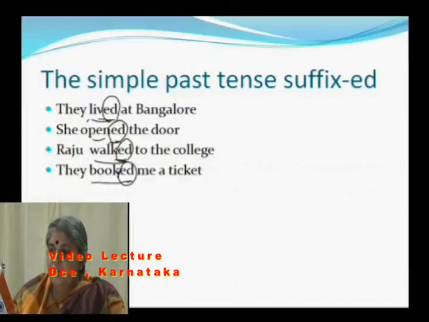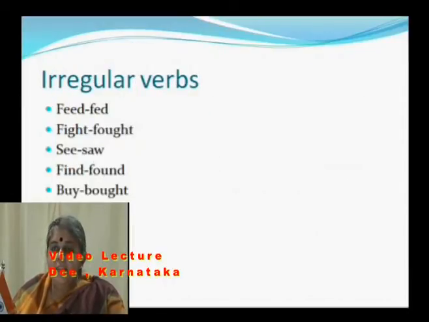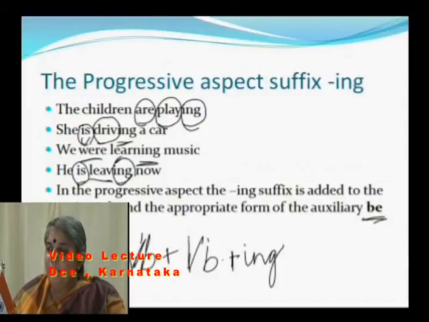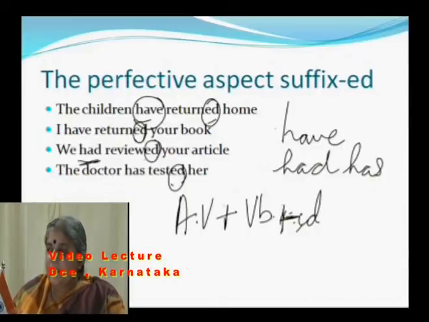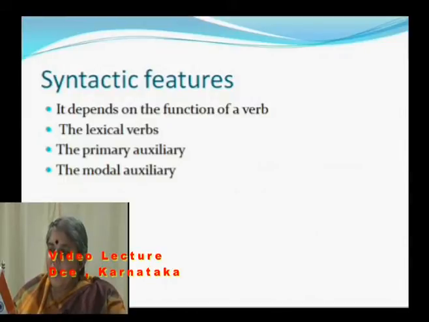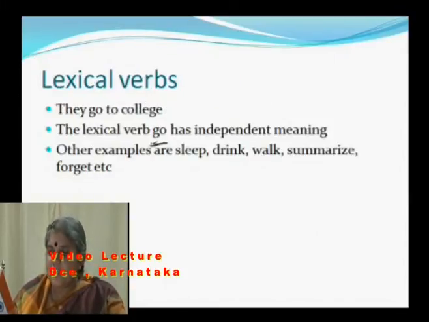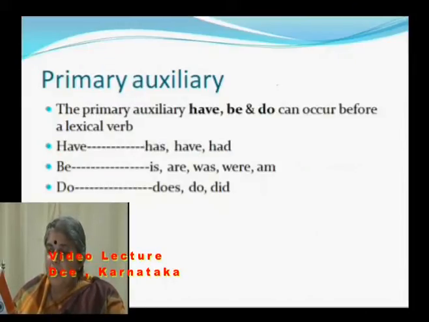Then I gave you the examples. Then there is a whole list of irregular verbs, followed by the progressive aspect suffix ing, then the perfective aspect suffix ed, followed by syntactic features, three ways in which we can understand the verb: the lexical verbs, the primary auxiliaries, and the modal auxiliaries. The first example was given on lexical verbs, followed by primary auxiliaries, have, has, had.